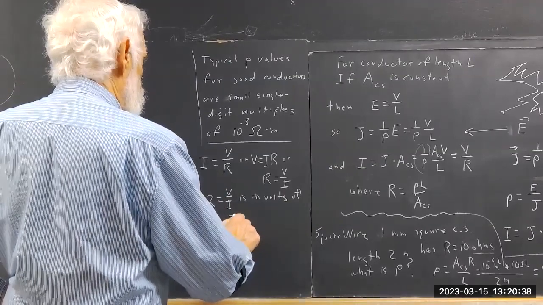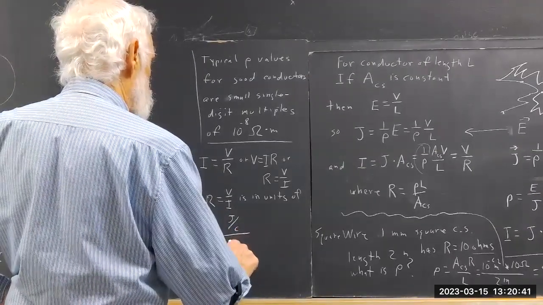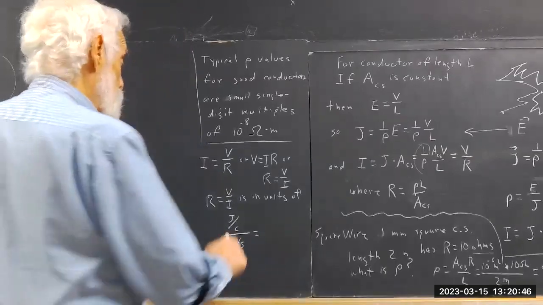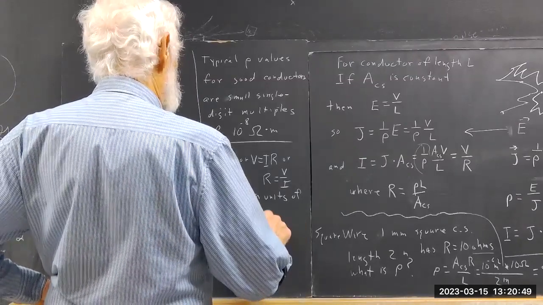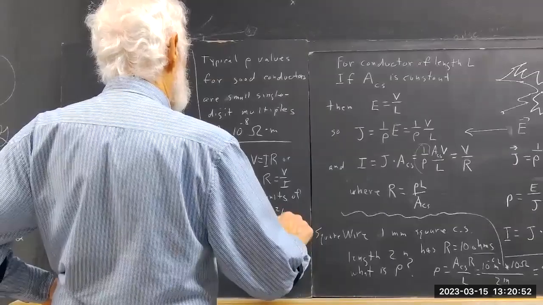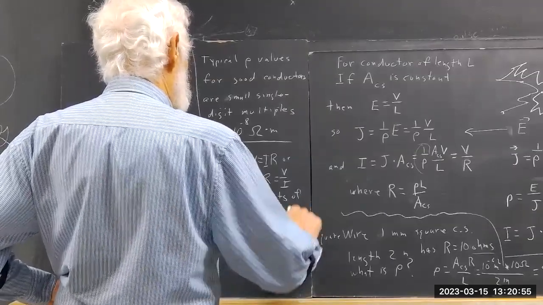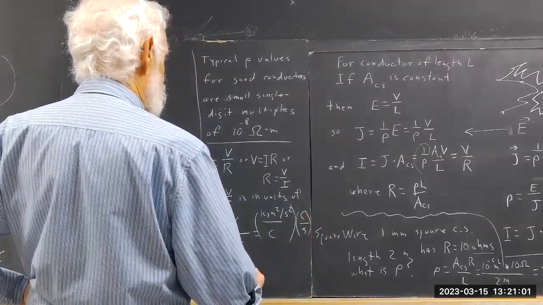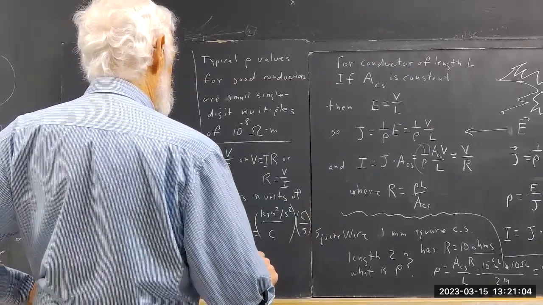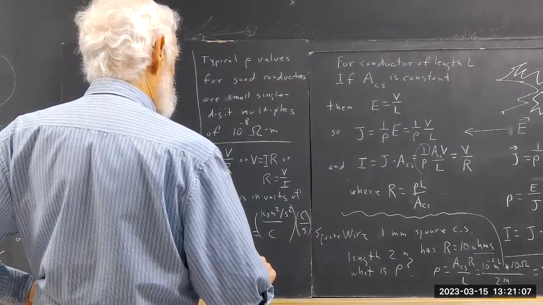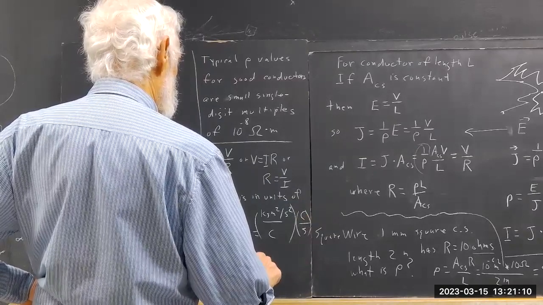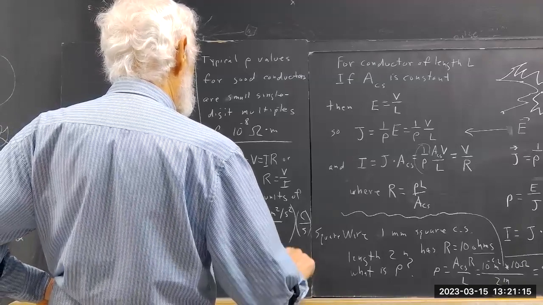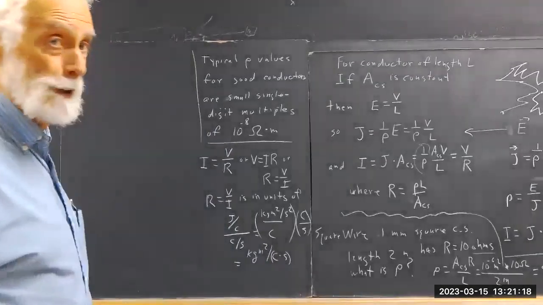Well, your voltage is in joules per coulomb over coulombs per second. And joules is Newton meters, which is actually kilogram meter squared per second squared per coulomb, times coulombs per second, which is in kilogram meter squared per coulomb second.